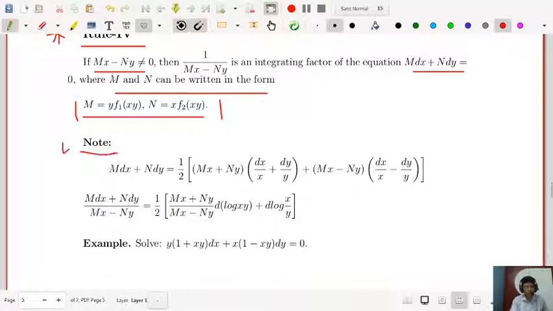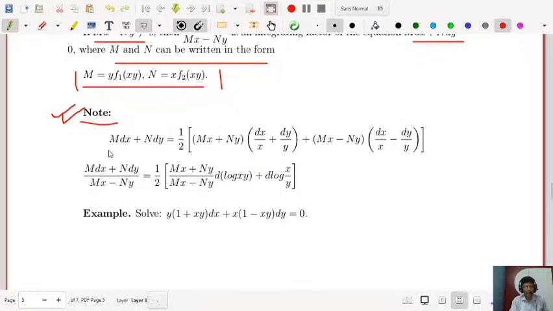This is very important to note that M dx plus N dy can be written as half (Mx plus Ny) into (dx by x plus dy by y) plus (Mx minus Ny) into (dx by x minus dy by y). If you open the bracket and expand, you will get M dx plus N dy.